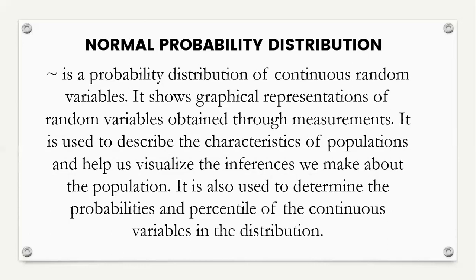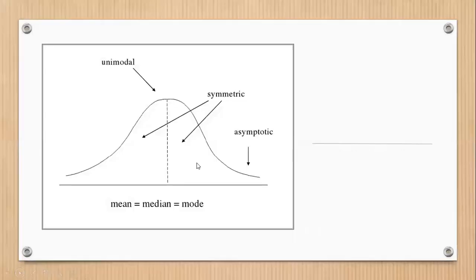It is used to describe the characteristics of populations and help us visualize the inferences we make about the population. It is also used to determine the probabilities and percentile of the continuous variables in the distribution. So that is what we call the normal probability distribution.